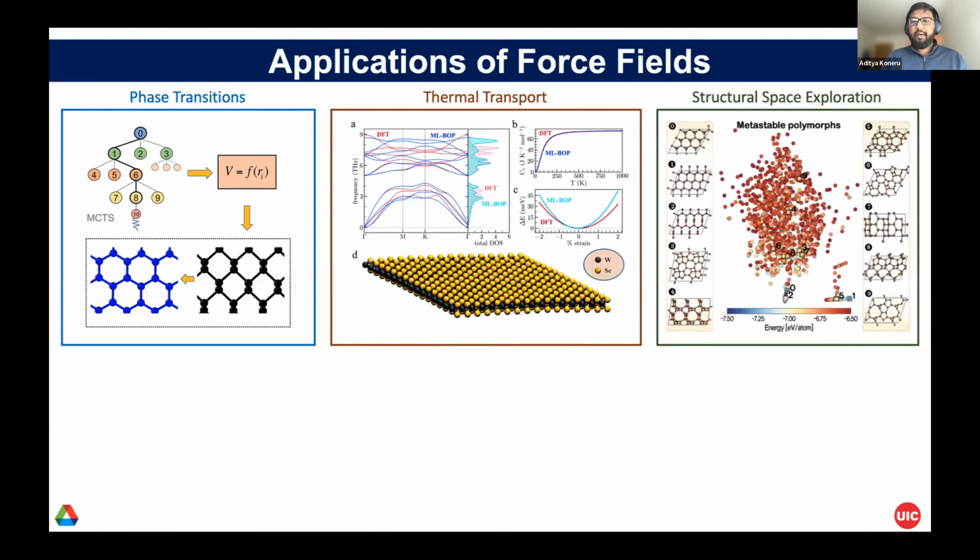Another common application is searching for new structures, or in fact, the metastable structures. More details on how this framework or setup works would be explained in the next talk on CASTING. But what I would like to speak on is that even to sample through the structural space, one would need an accurate model which would tell us, hey, this structure is different, or this structure is energetically different from what we already have.